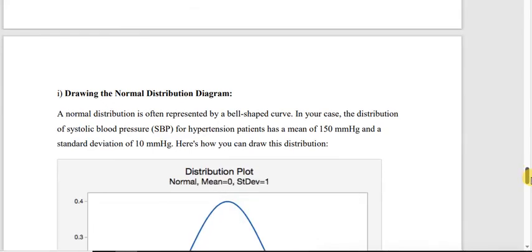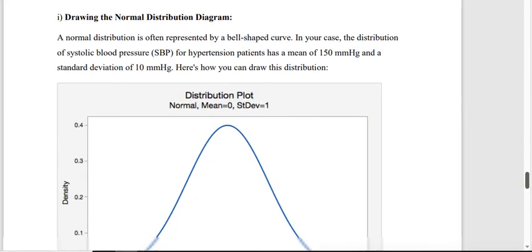So how to draw it, we have seen that, and maybe we have an example on how to do that. Suppose you have a hypertension patient, with a mean of 150 mmHg and a standard deviation of 10, and you want to look at the distribution.